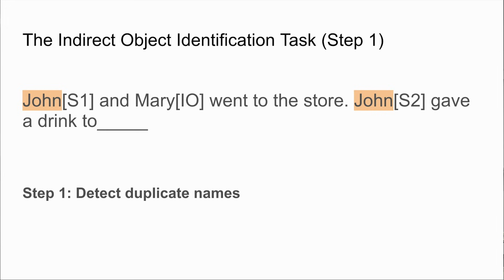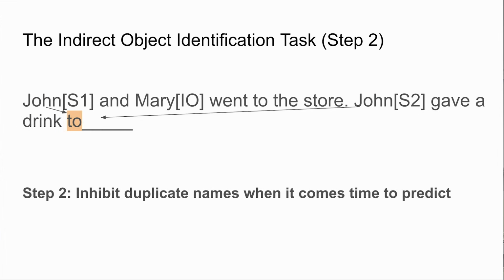So the algorithm, in broad detail, that they find is, I think, kind of interesting. The model first recognizes that there are 2 Johns, it recognizes duplicate names. And it's just storing that information in its attention cache. Then when it comes time to actually predict the name, it uses this information to say, okay, there's a lot of Johns here.